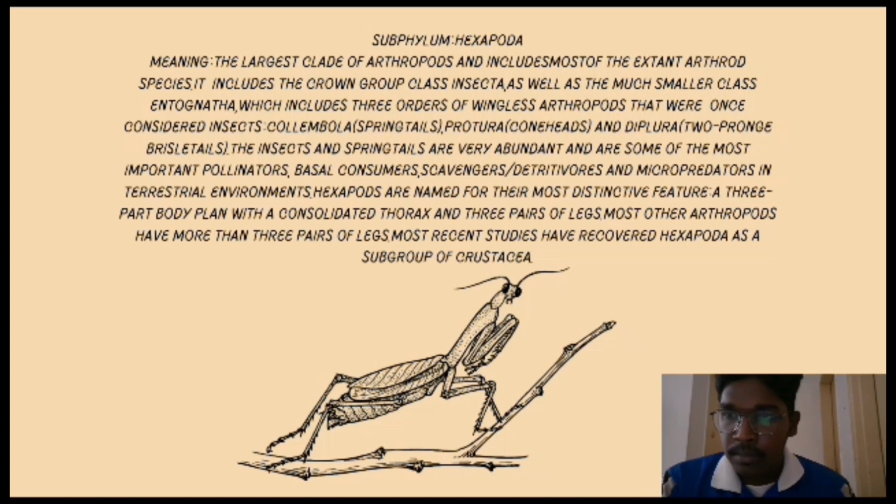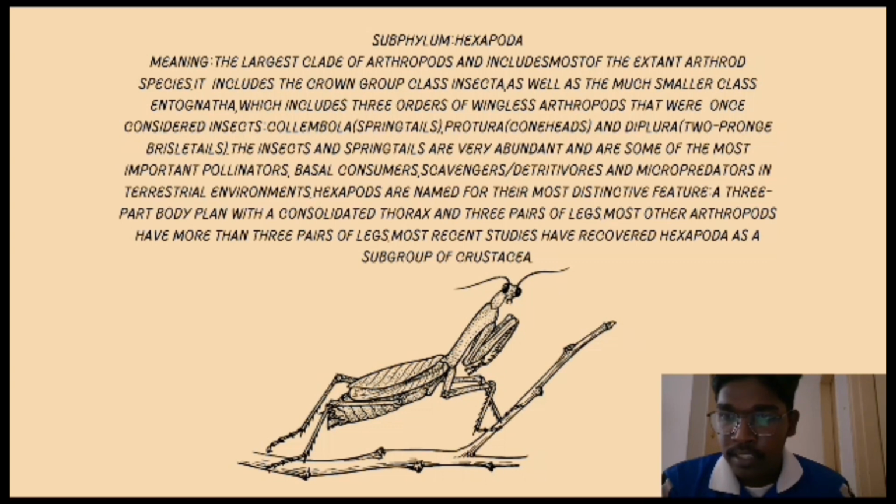Subphylum Hexapoda is the largest group of arthropods. It includes the crown group class Insecta as well as the much smaller class Entognatha, which includes 3 orders of arthropods that were once considered insects: Collembola, the springtails, Protura, Diplura, two-pronged bristletails. The insects and springtails are very abundant and are some of the most important pollinators, basal consumers, scavengers or detritivores, and micropredators in terrestrial environments.